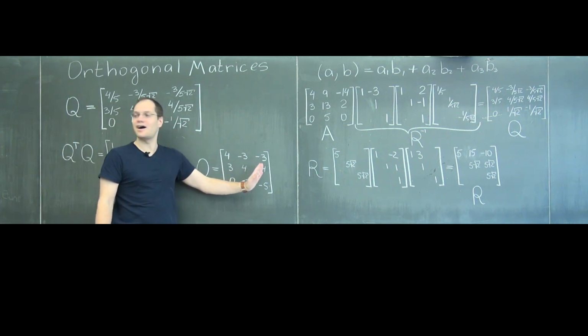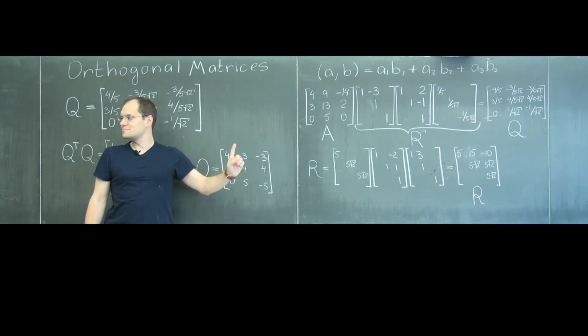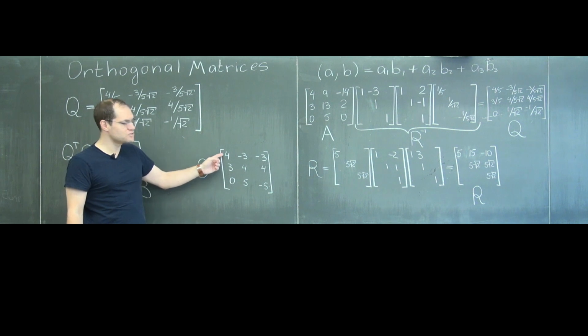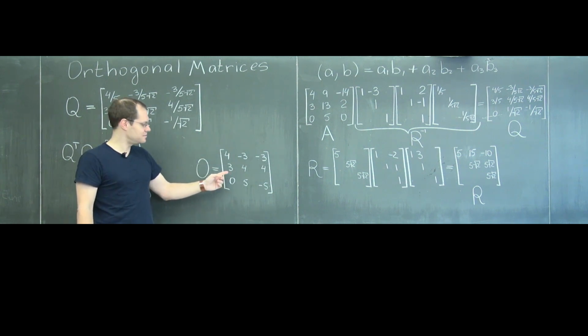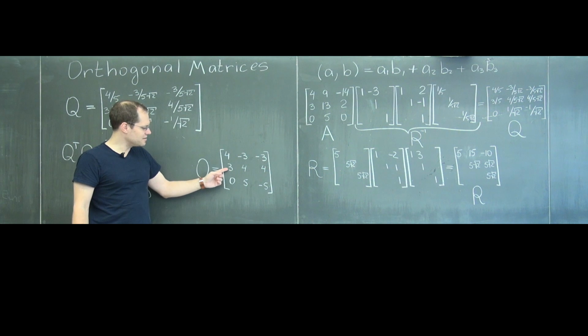So its columns are orthogonal, no doubt. What about its rows? Let's check. Are these two vectors orthogonal to each other, according to that same inner product? No, of course not. It's minus 12, not 0. Are these two? Okay, by accident.